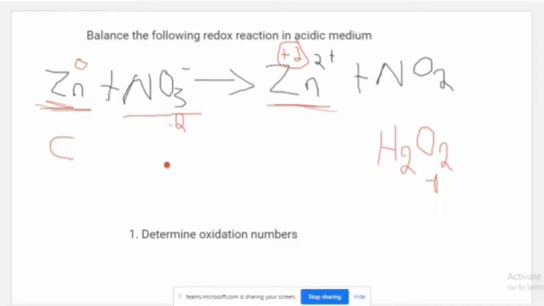In this case, we need to determine the oxidation number of nitrogen. The oxidation number for nitrogen has to be calculated in any compound. To calculate it, you just put X here.